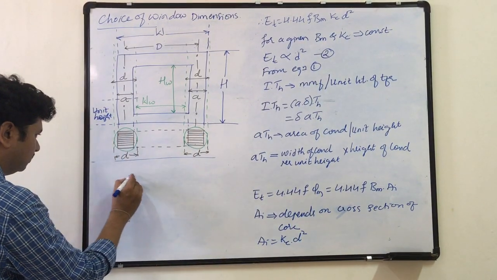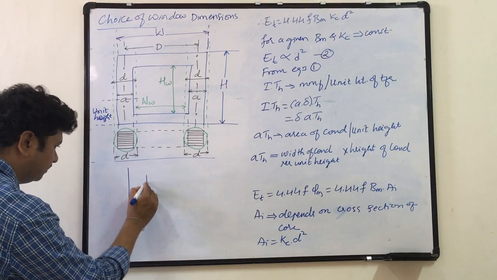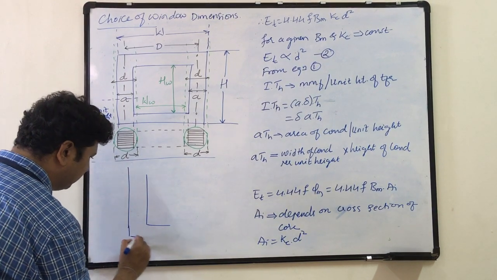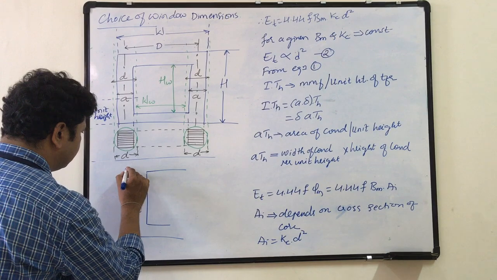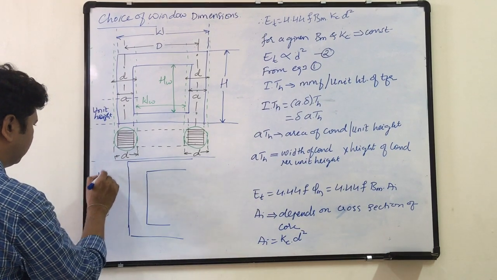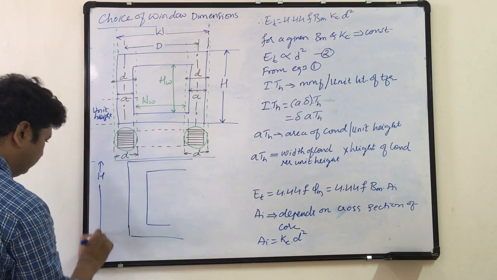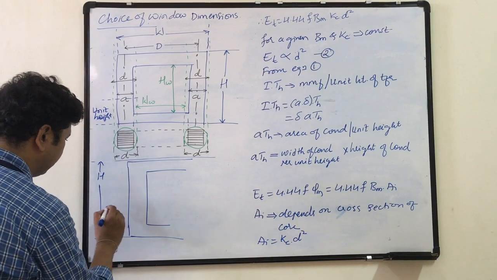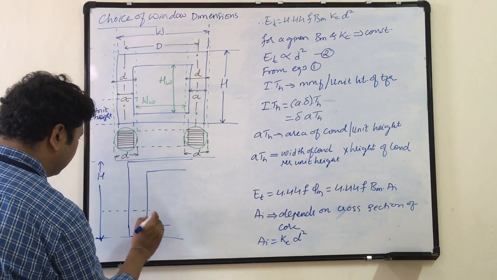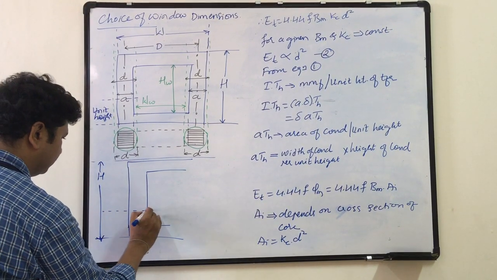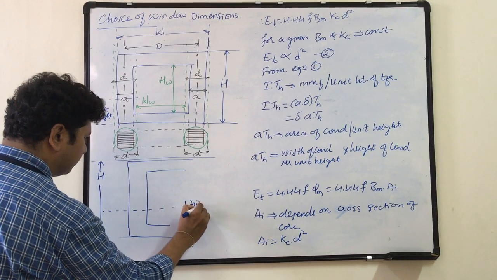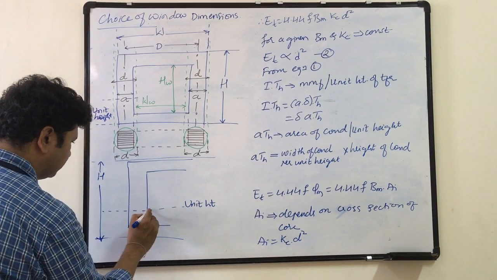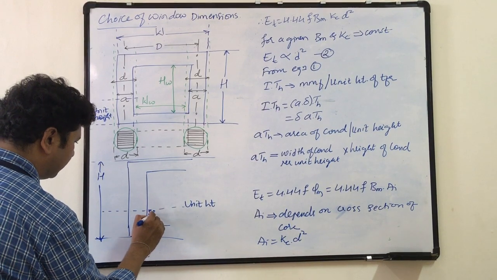If this is the core, I will draw only one limb. So this is the core I have. I have some height of the core. I am considering per unit height. Let this be unit height. So I have so many number of conductors here.